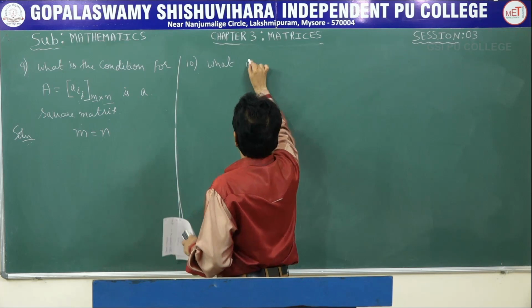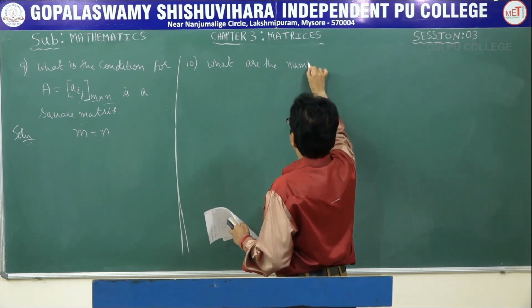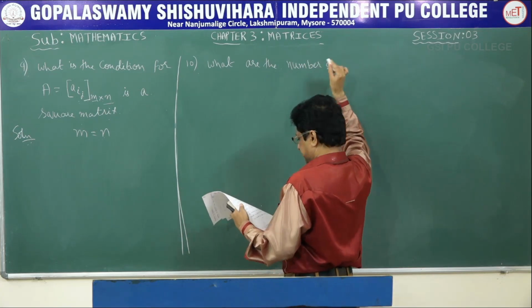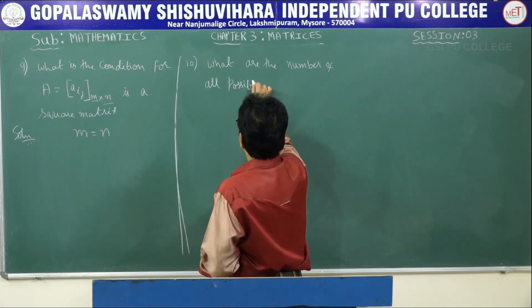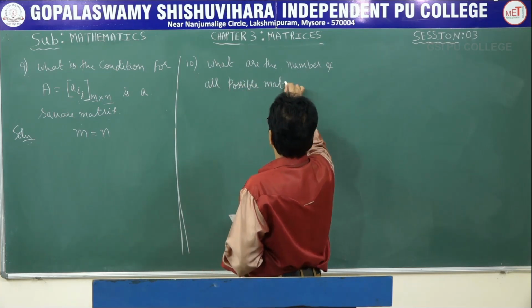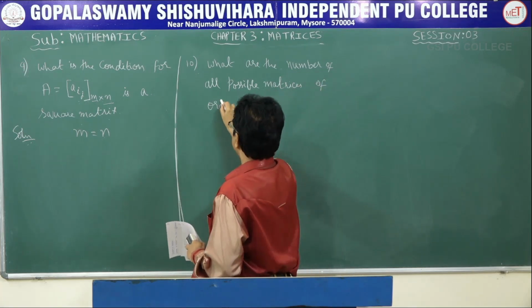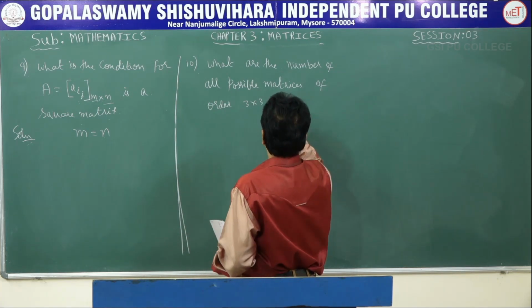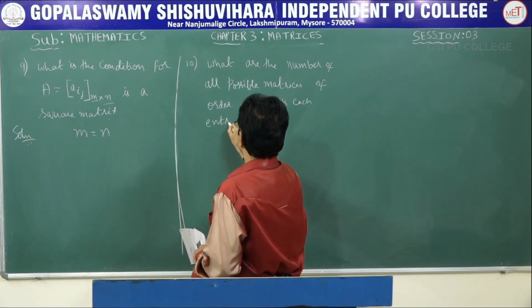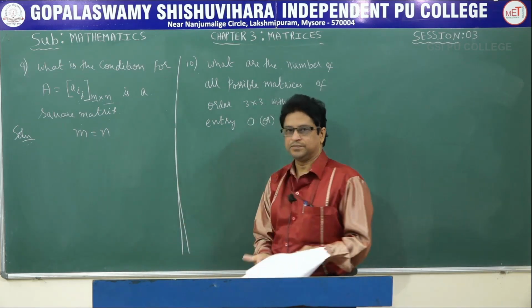What is the number of all possible matrices of order 3 into 3 with each entry 0 or 1?